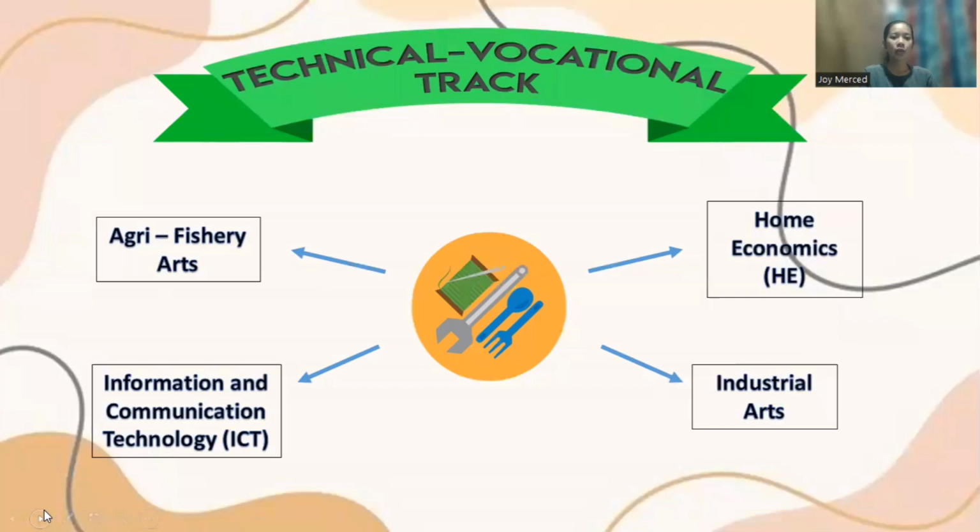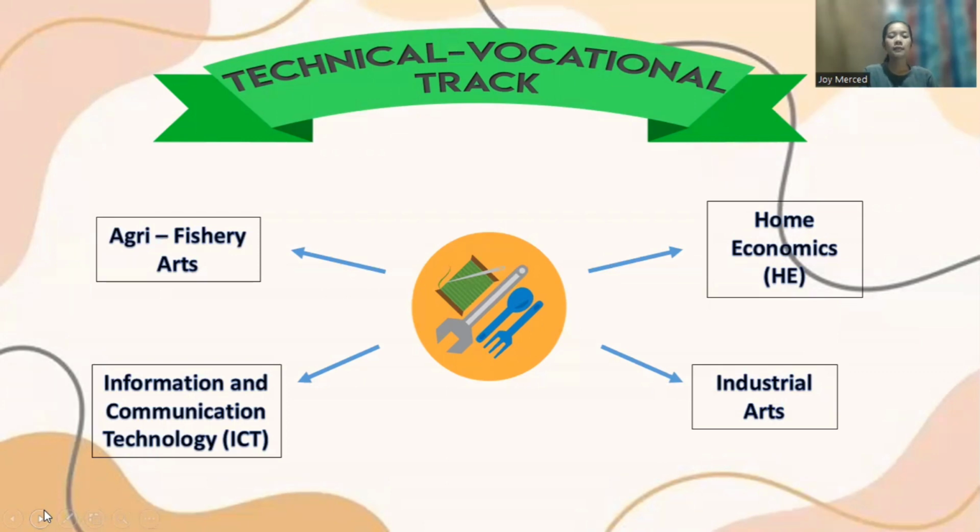These are aligned with the TLE in grades 7 to 10. Each TVL strand offers various specializations that may or may not have an NC, or a national certificate, equivalent to TESDA. Each strand specialization must be designed to fit into the 80-hour blocks of time.